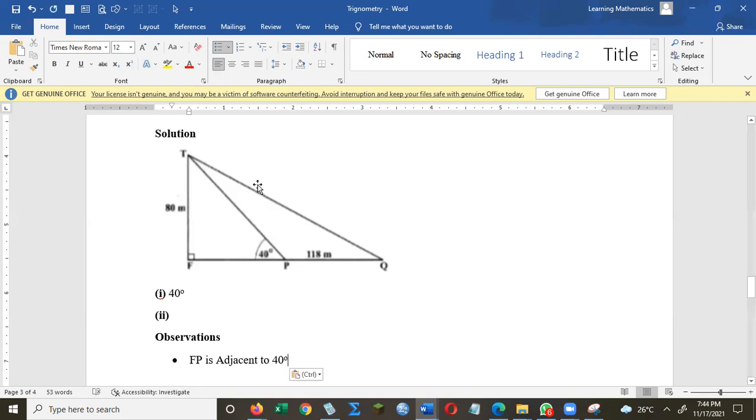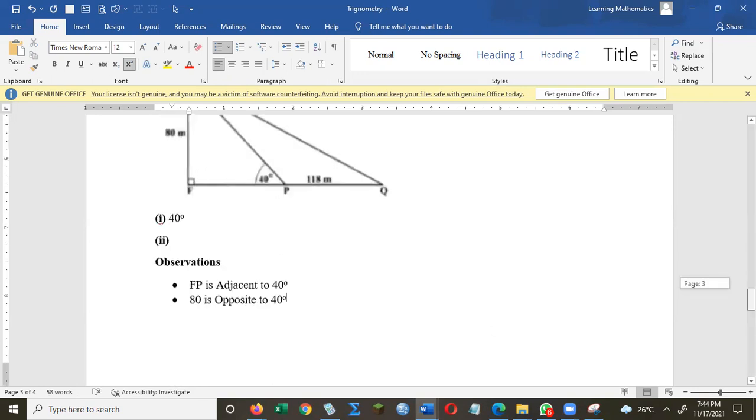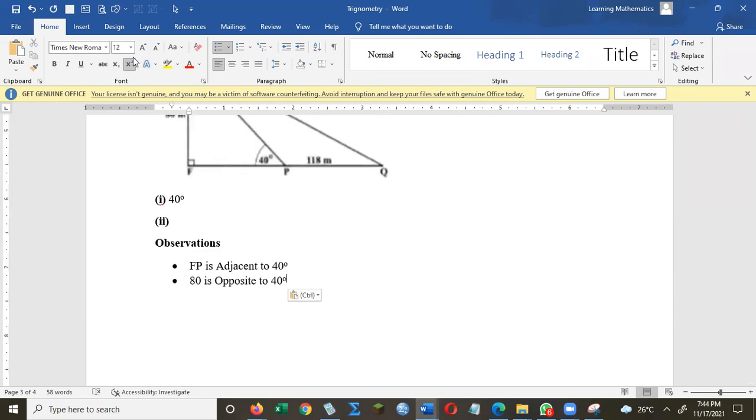Now we're going to talk about another length, which is 80, with respect to the 40 degrees. So 80 now is opposite to 40 degrees. Opposite. So again, adjacent and opposite, back to tan.